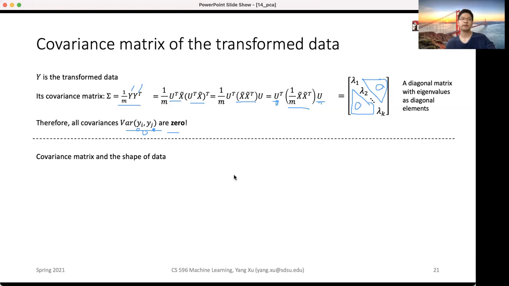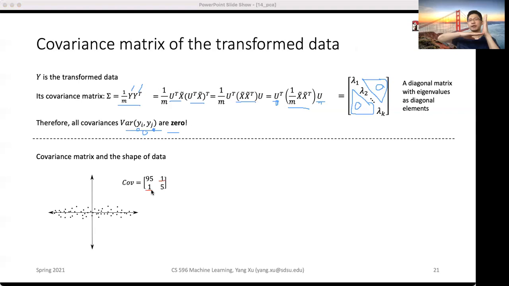So the covariance matrix is actually related to the shape of the data. Here, if we look at the general patterns, if the data looks like this, very narrow, the covariance matrix usually looks like this. The covariance terms are very small, and the ones here mean that the x-axis and the y-axis are not related to each other a lot.